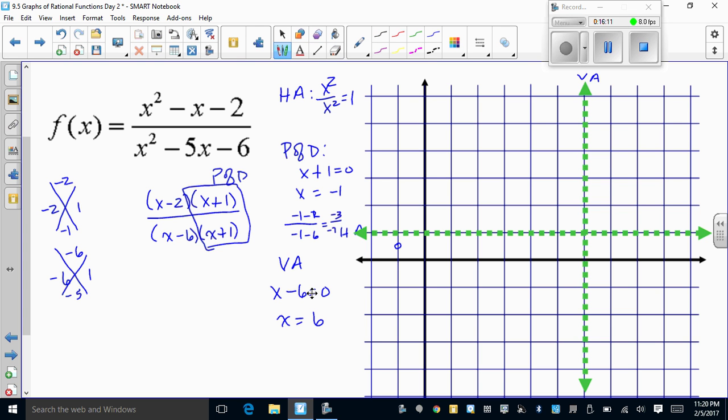And now let's just play with numbers. And remember, we're only using x minus 2 over x minus 6. So if I put in 5, I would have 5 minus 2 over 5 minus 6, which gives me 3 over negative 1, so negative 3.